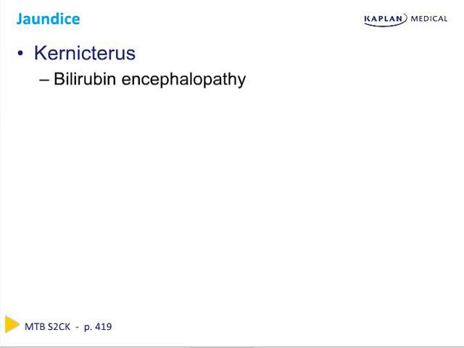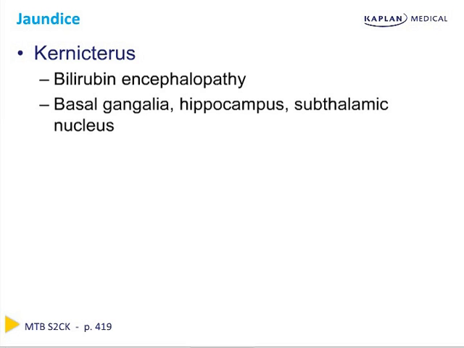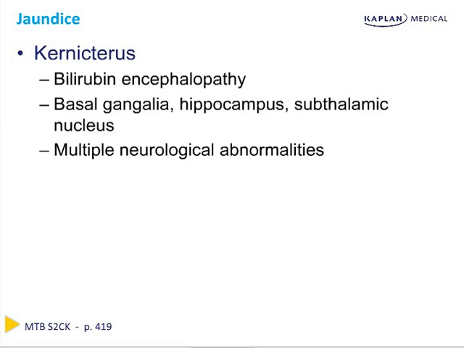Bilirubin encephalopathy is when you have deposition of bilirubin in various parts of the brain, particularly gray matter nuclei, the basal ganglia, the hippocampus, and the subthalamic nucleus. These are incredibly important aspects of the brain, and they lead to multiple neurological abnormalities.